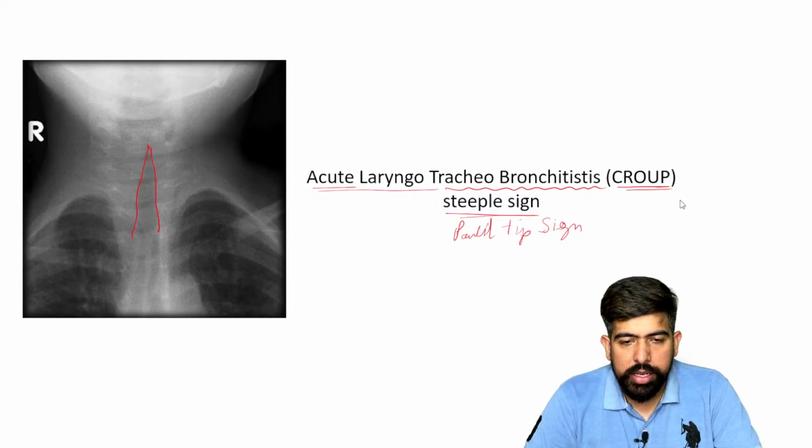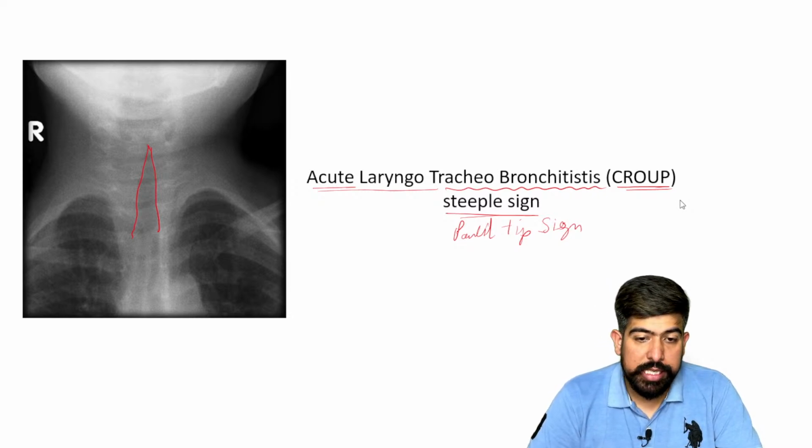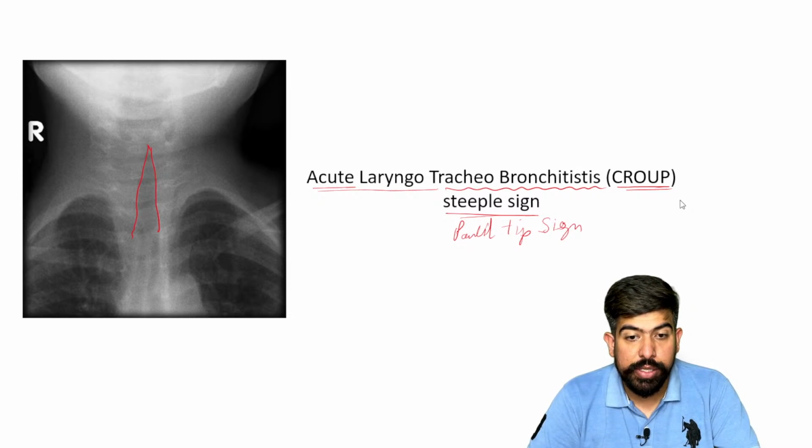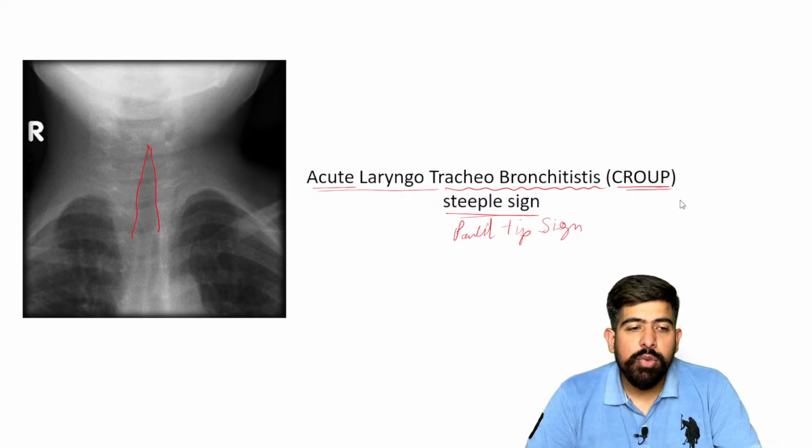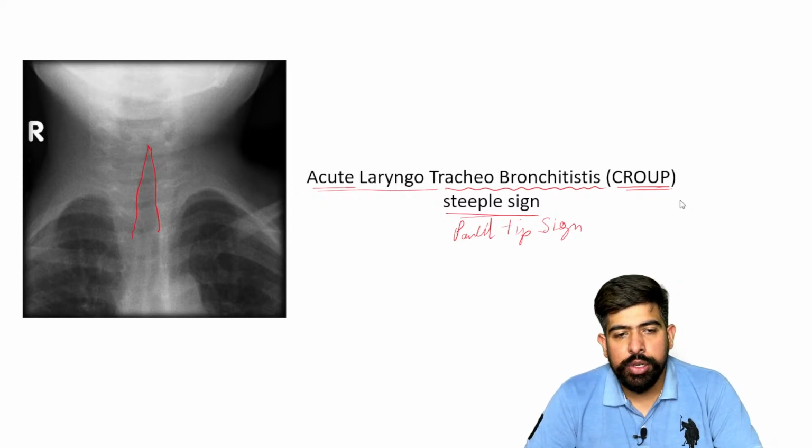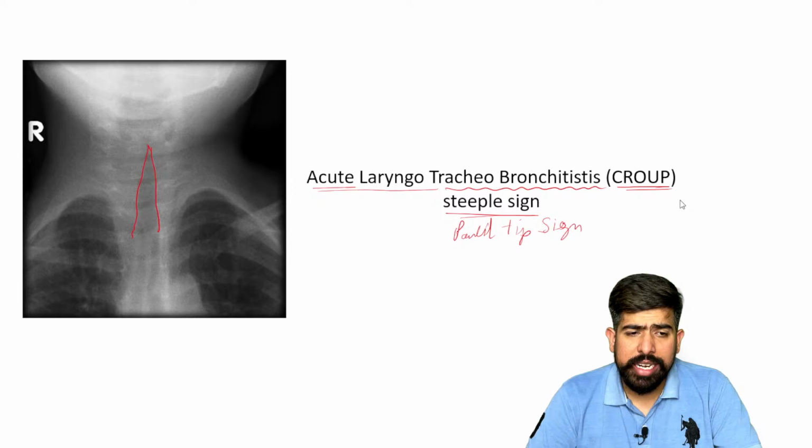Very good, right? Yes, aspergillus can make a lung abscess, sure. Very good. So in acute laryngotracheal bronchitis, the steeple sign will be seen. You can say the steeple sign also.